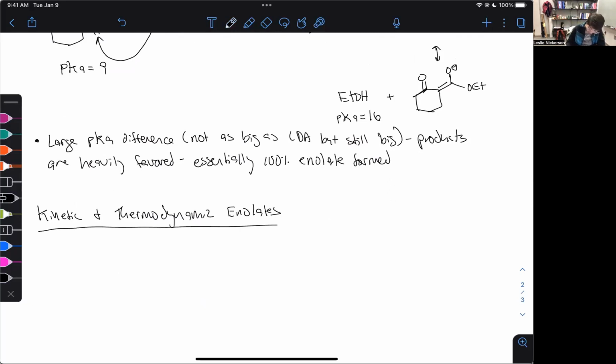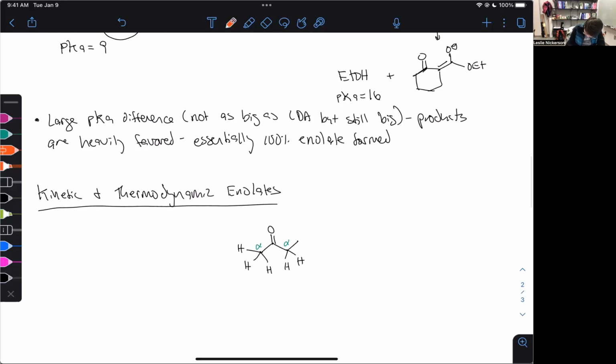But let's look at a situation where we have multiple options that are different. If we take a look at 2-butanone, we've got 2 alpha positions here. We've got one alpha, the other alpha. One has 3 H's on it, and one has 2. So we definitely have one side that's more hindered and one that's less hindered.